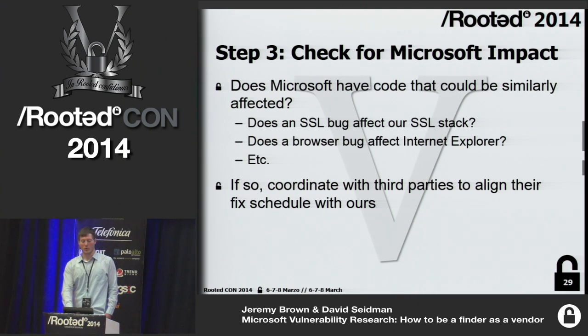So definitely want to check, if it's an SSL bug, does it affect our SSL stack? We do put in the time and research to make sure third-party vulnerabilities, if we're having similar implementations, that we get those fixed as well. And then we can coordinate with third parties to align so we're not zero-daying each other, for example.